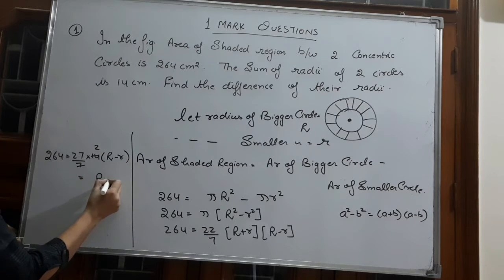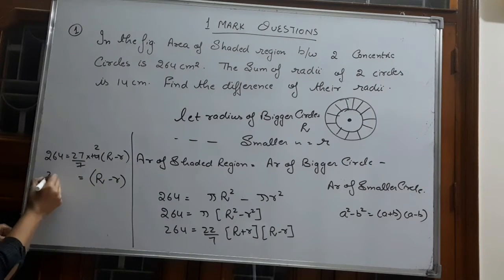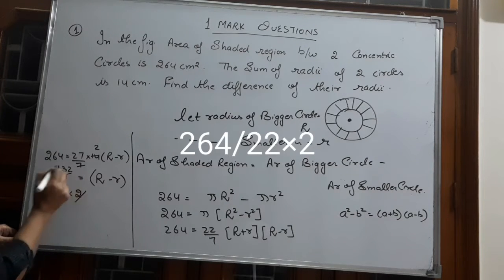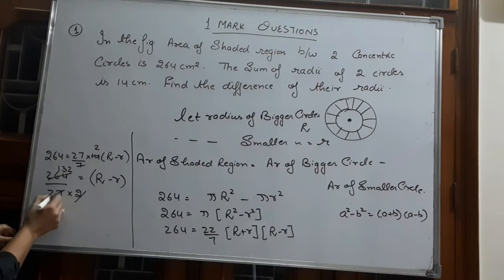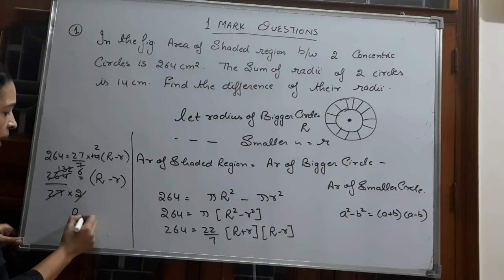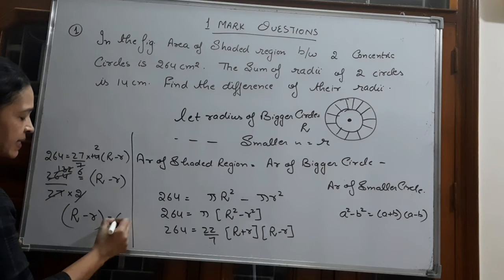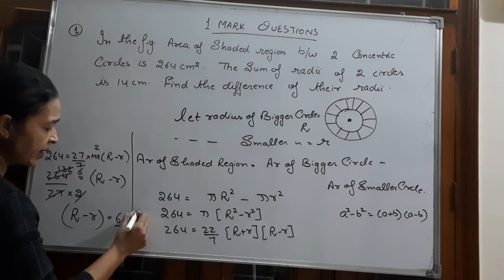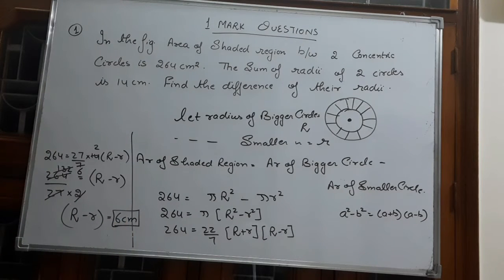What we have to find? We have to find R minus r, which is 264 by 22 into 2, which gives 6. Therefore, R minus r is 6 centimeters. The difference between the radii is 6 centimeters.